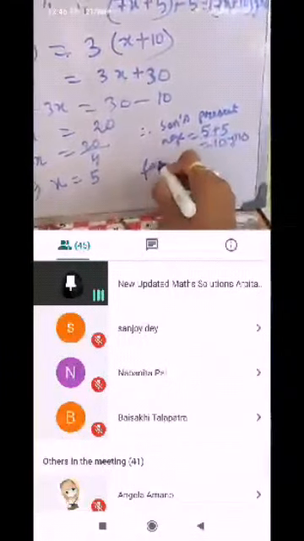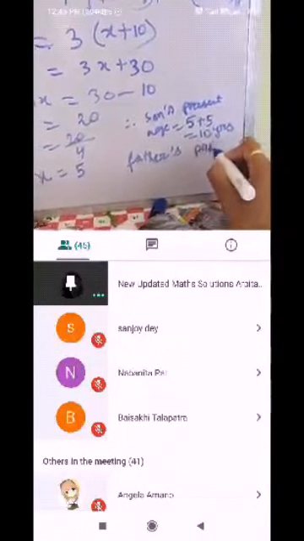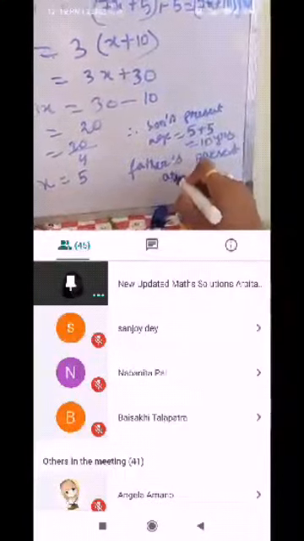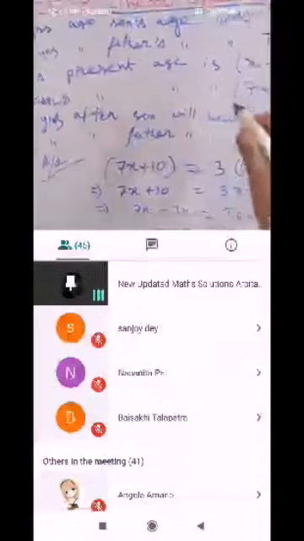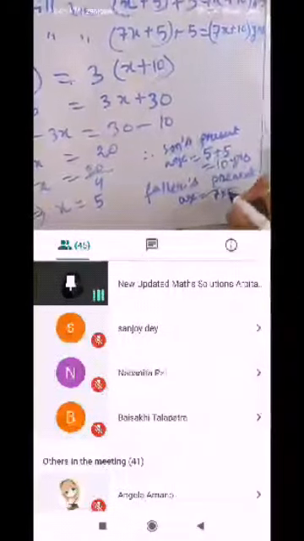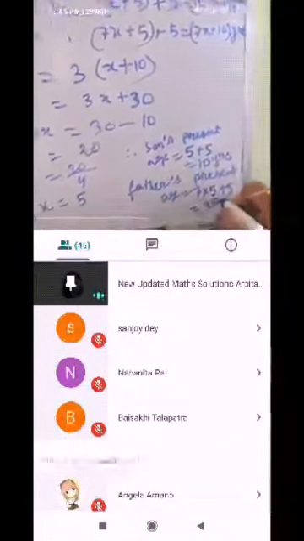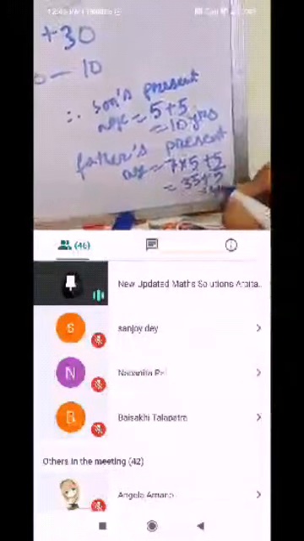And the father's present age equals 7x plus 5, so 7 into 5 plus 5, that means 35 plus 5, that means 40 years.